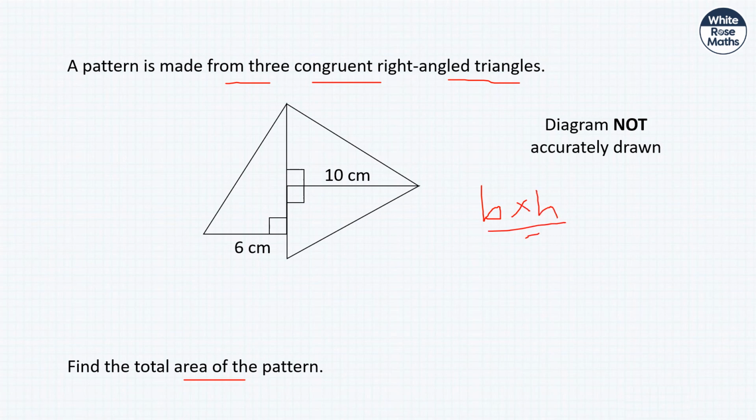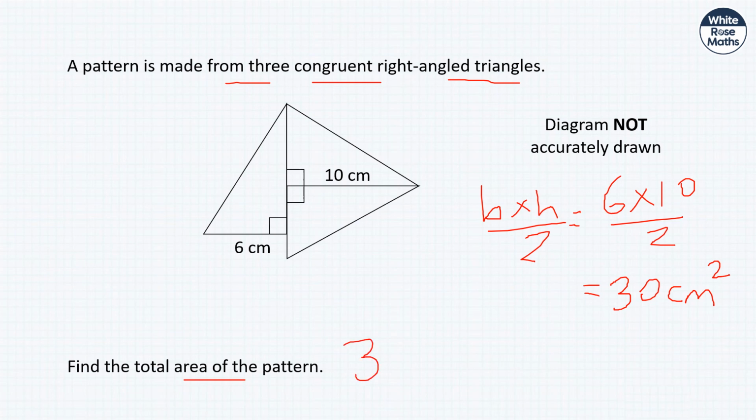So it will be 6 times 10, divided by 2, so I'll get 30 centimeters squared for the area of one triangle, and if I times that by 3, so 3 lots of 30 or 30 lots of 3, it's going to be 90 centimeters squared, guys.